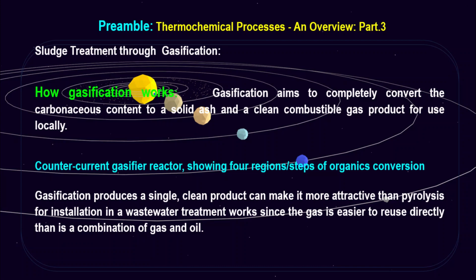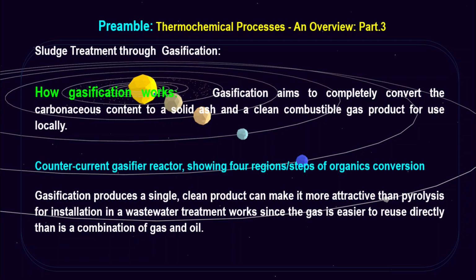Further, in my next lecture, thermochemical processes, an overview part 3, we dealt with sludge treatment through gasification and how gasification works. Gasification aims to completely convert the carbonaceous content to a solid ash and a clean combustible gas product for use locally.